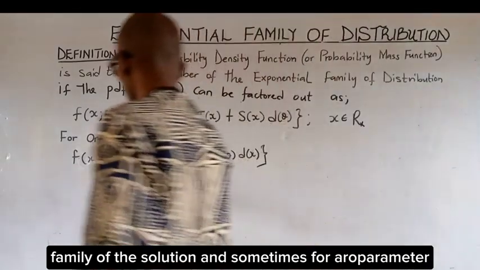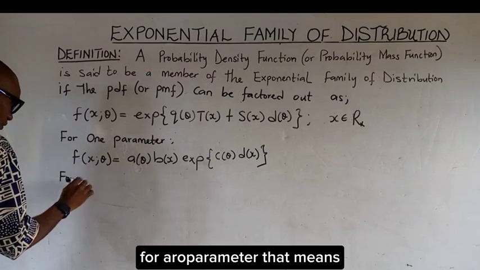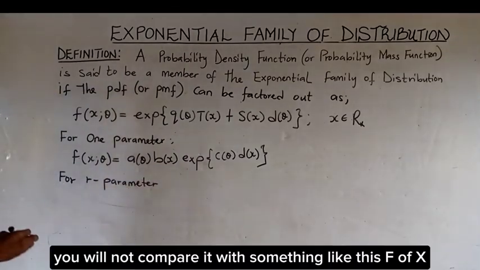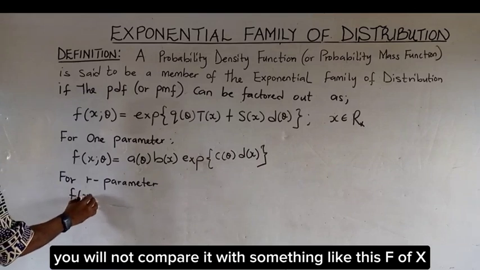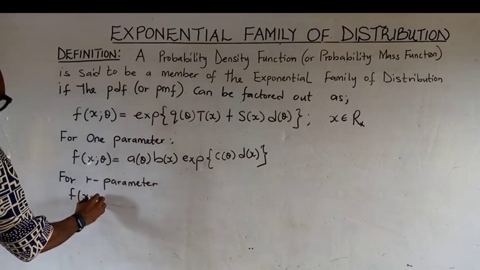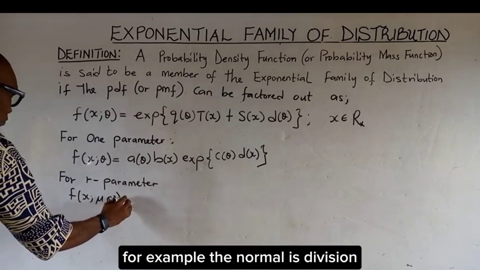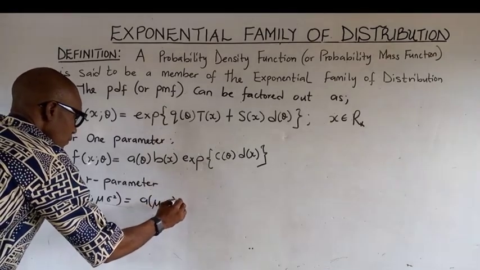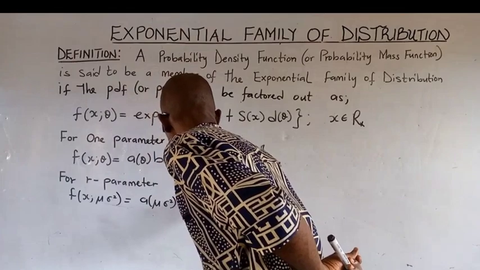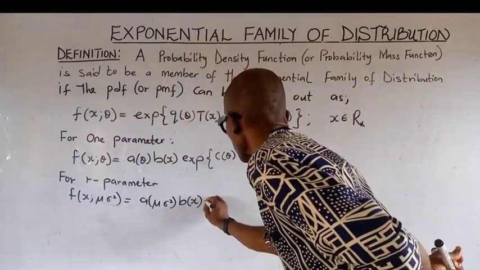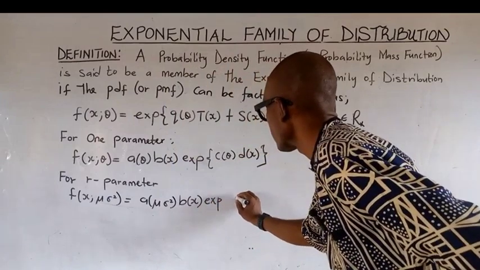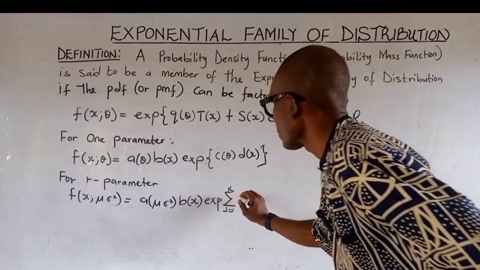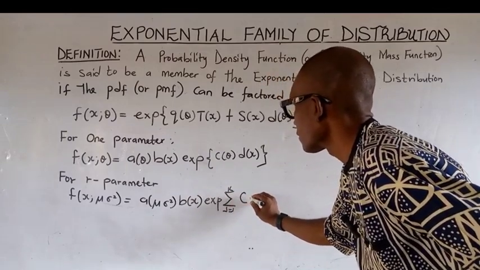And sometimes for a multi-parameter case, that means when you have more than one parameter, for example the normal distribution, you now compare it with something like this: f of x equals A of mu, sigma squared, b x, exponential of the summation of j running from 1 to k of c j times d j of x.